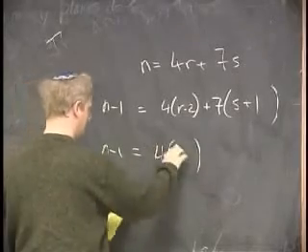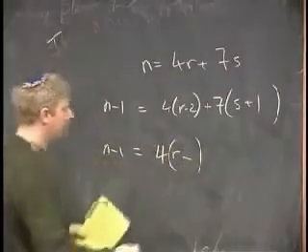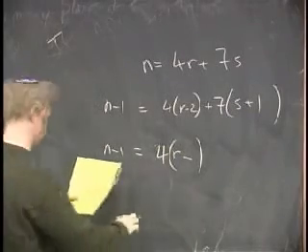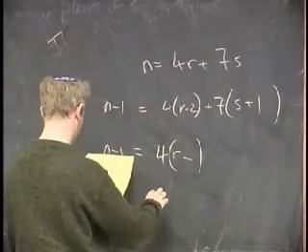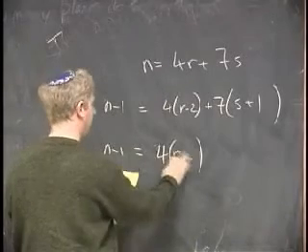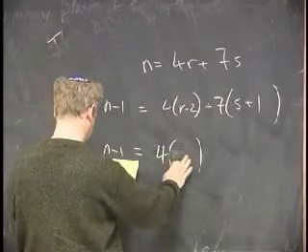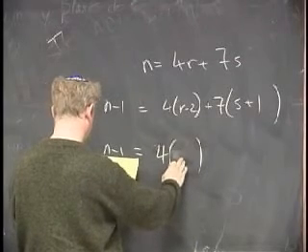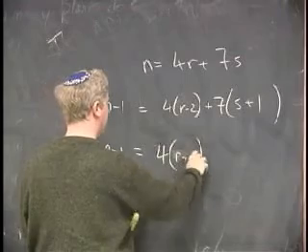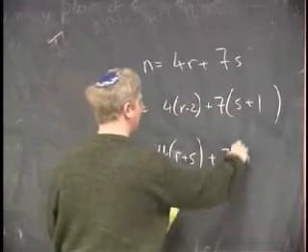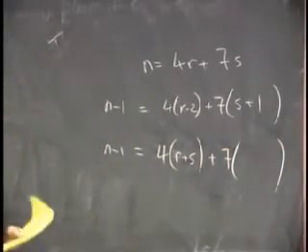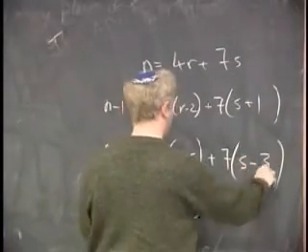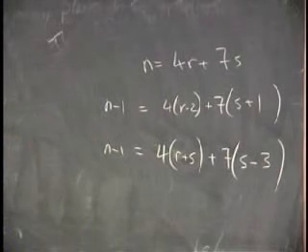It's not 4 times r, it's 4 times (r plus 5) plus 7 times (s minus 3).